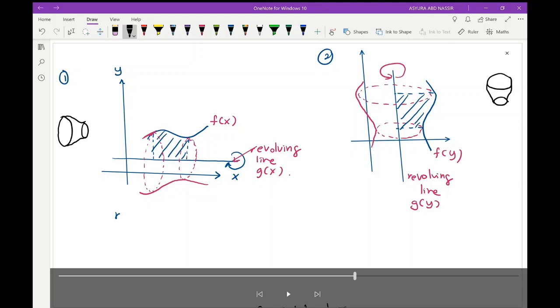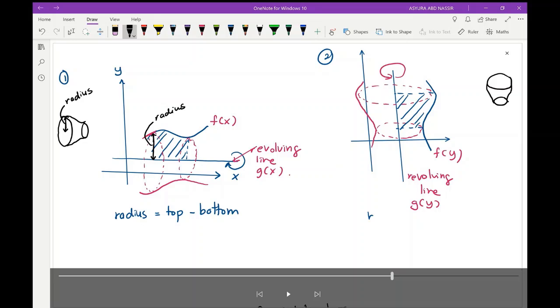So what is the formula? For the first case, or first diagram, your radius is top minus bottom. When it revolves, this will be the radius. That's why we use the radius as top minus bottom.